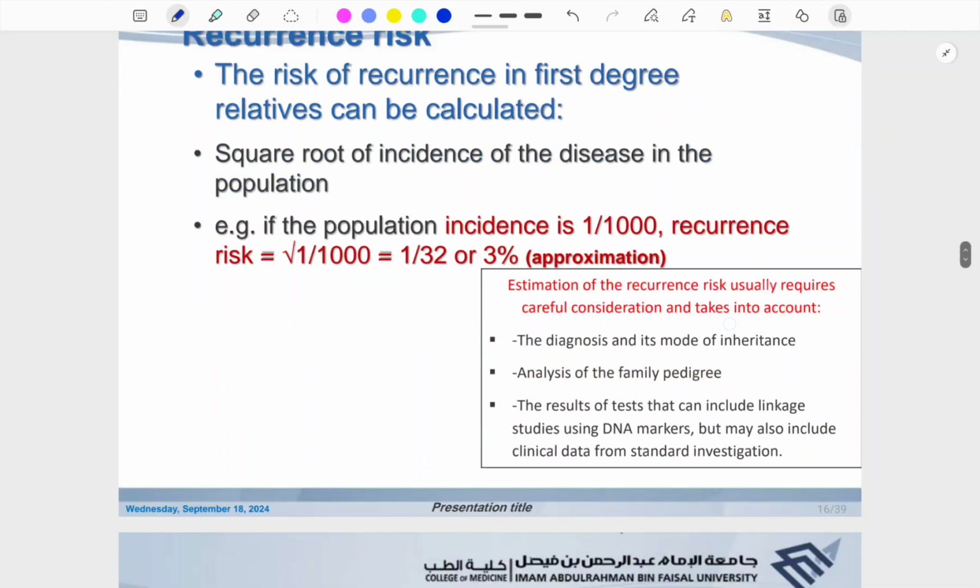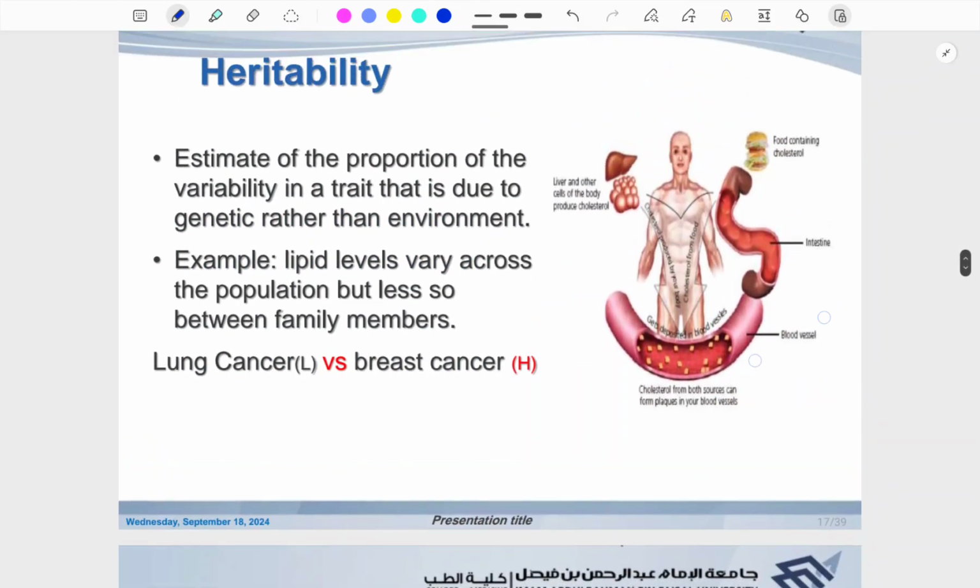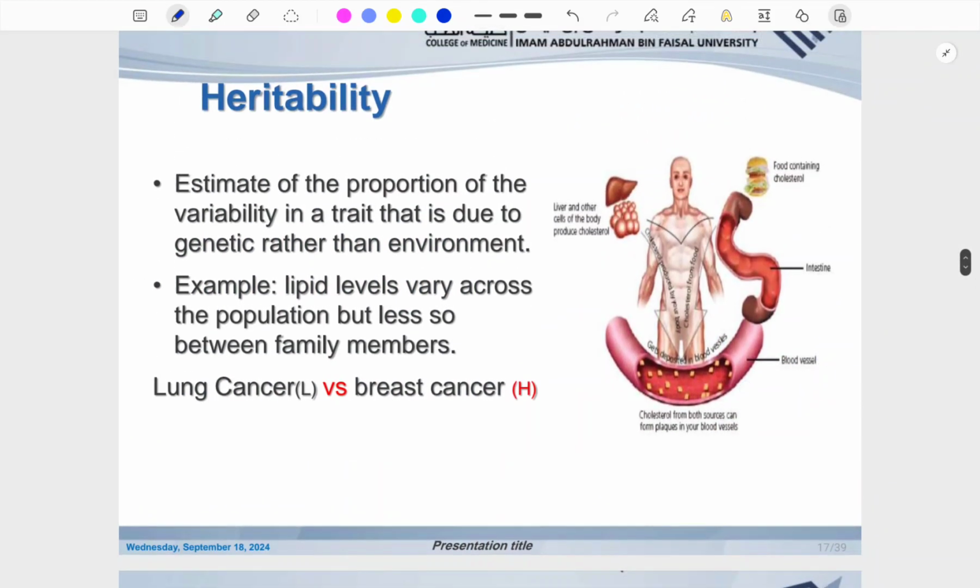Heritability. It means how much of the disease is due to your genes. Heritability is the proportion of the variability in the trait that is due to genetic rather than environmental factors.